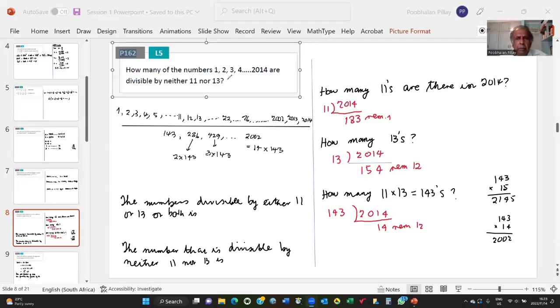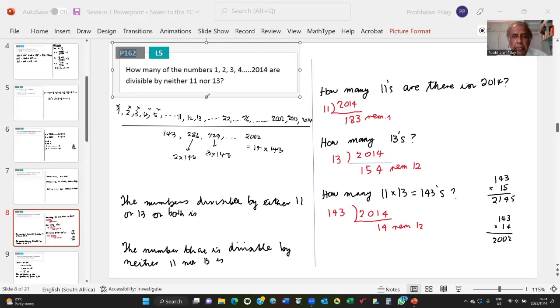So this question says how many of these numbers, all the numbers from 1 to 2014 listed here, are divisible by neither 11 nor 13? All right. So to analyze this question, we list all the numbers from 1 to 2014, and we ask ourselves whether each of them is divisible by 11 or by 13. Obviously, none of these are divisible by 11 or 13.